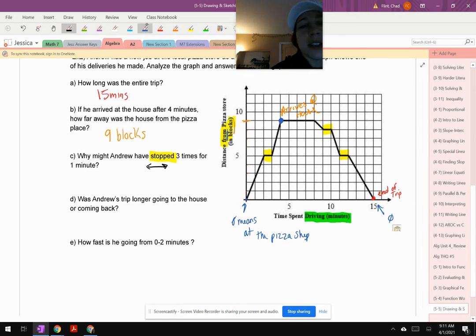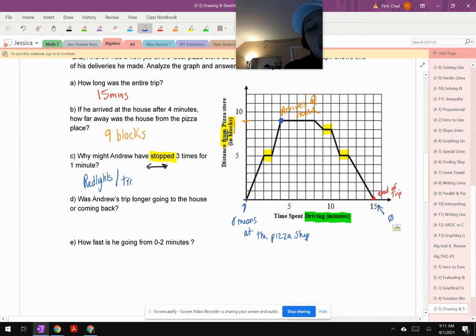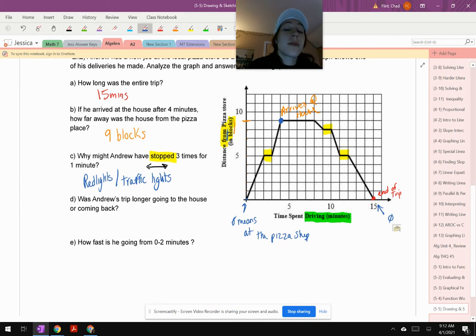Here, you can argue this. You usually don't stop at a stop sign for an entire minute. So the best answer here are definitely red lights. Red lights / traffic lights. You could make the argument, as long as you explained yourself, you could make the argument for a stop sign as long as you give yourself a good backup argument.